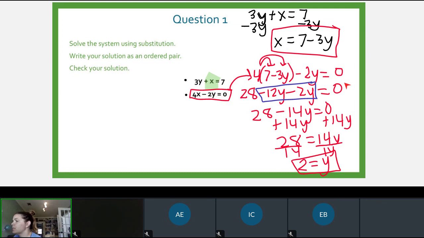Yes, and then I use the distributive property because now I want to solve for y. So I multiplied 4 times 7 to get 28 and 4 times negative 3 gives us negative 12y. All right, and then I just kept solving. I combined like terms, so negative 12y minus 2y would be negative 14y.